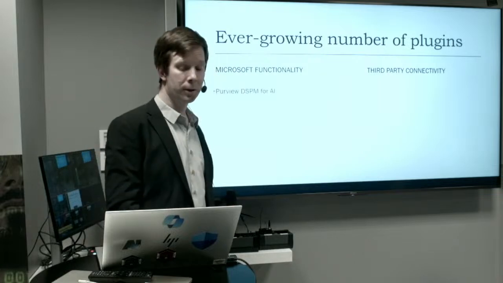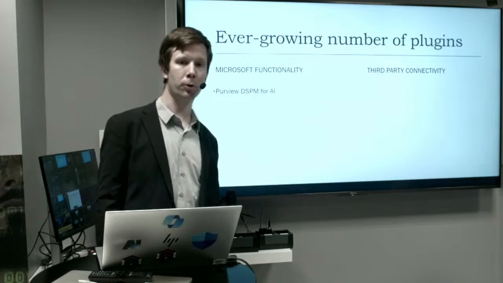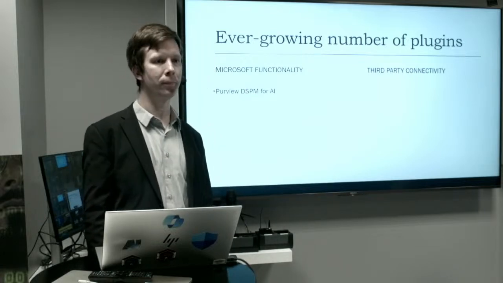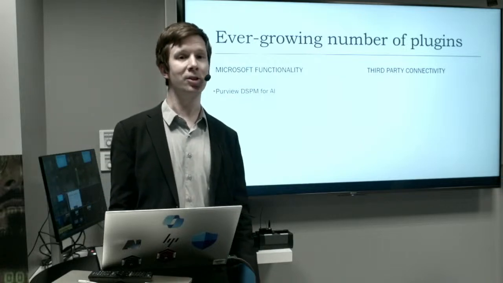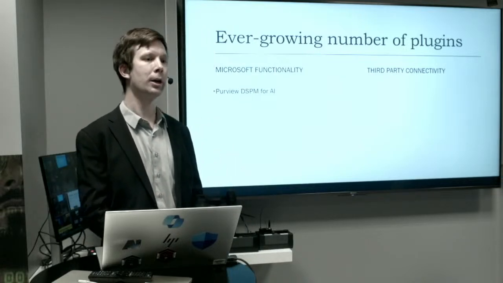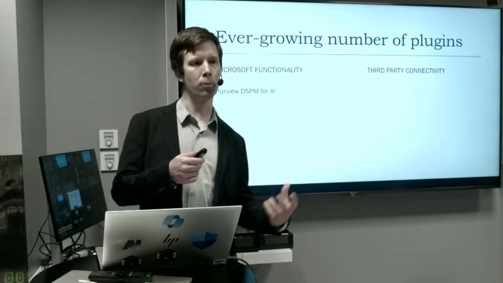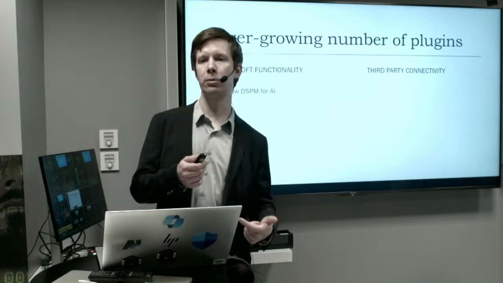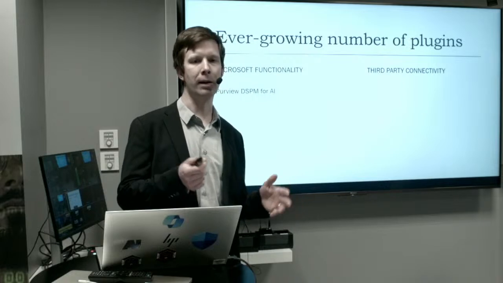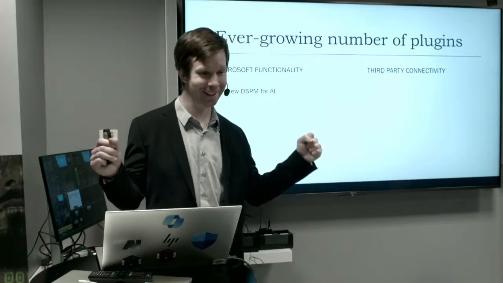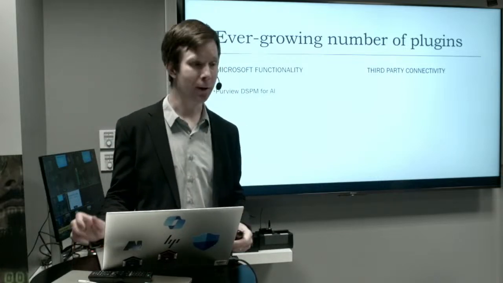So we have an ever-growing number of plugins. I think one of my favorites is Purview Data Security Posture Management for AI. I abbreviated it because it was kind of a mouthful. This is essentially Security Copilot analyzing the audit data that comes in from your onboarded endpoints as to what generative AI solutions your end users have been using. I know, everyone here is like, woohoo, data security, finally! Won't he get started on labeling too? No, I won't.